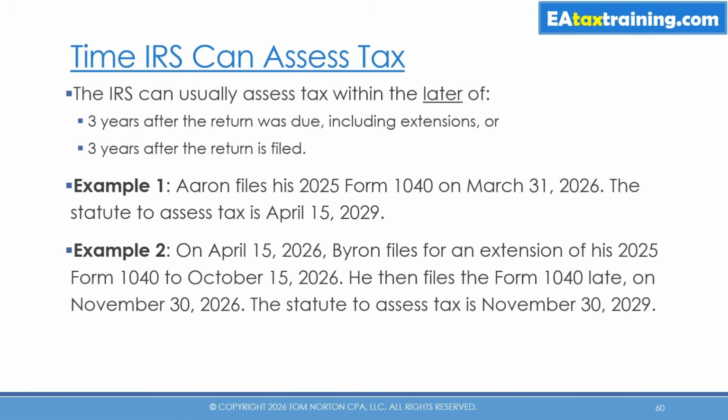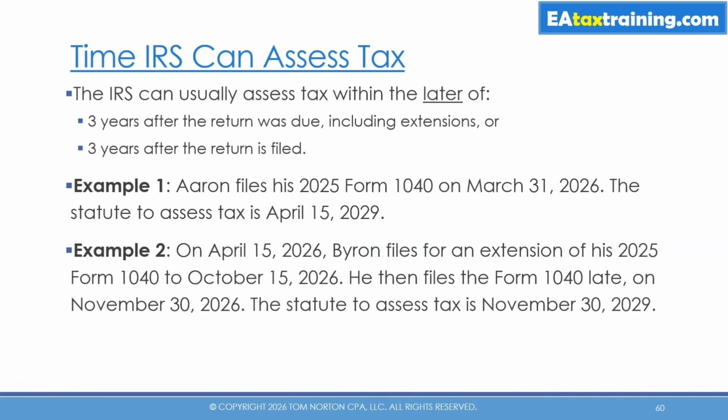The IRS can usually assess tax within the later of 3 years after the return was due, including extensions, or 3 years after the return is filed. So, example 1, Aaron files his 2025 Form 1040 on March 31st, 2026.